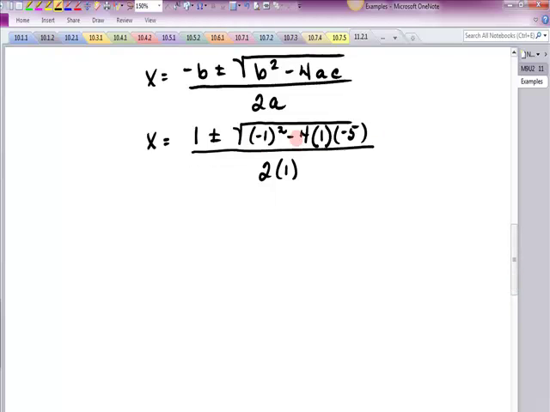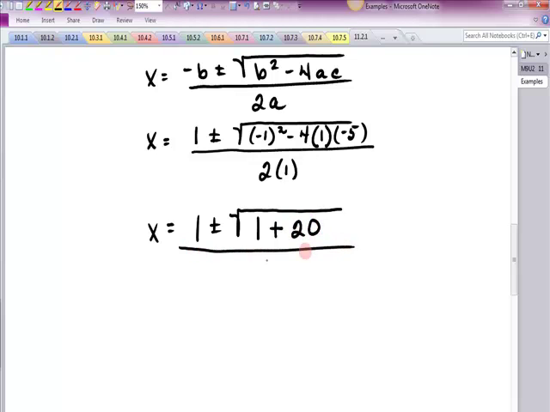You could simplify this all in one step, but I usually take 2 steps. I have 1 plus or minus the square root of negative 1 squared is 1. I have a negative 4 times a 1 times a negative 5, so that's going to make it plus 20, all over 2. So I have 1 plus or minus the square root of 21 over 2.